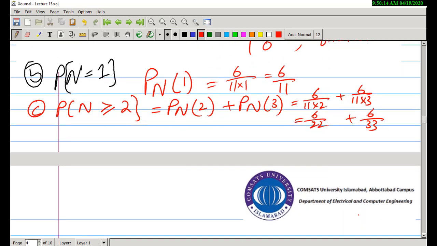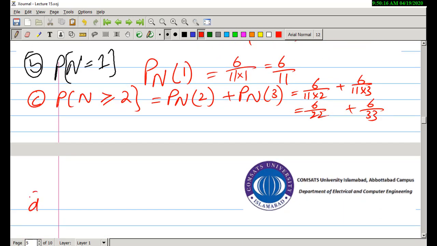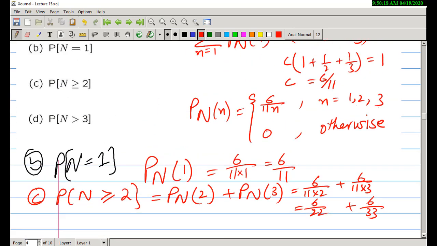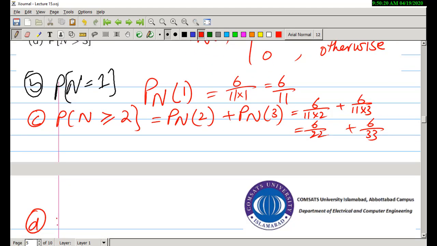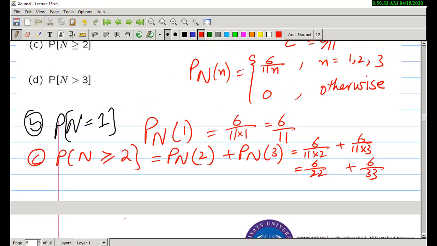Next part is D, which says the probability that n is greater than 3. Now this is a very simple, trivial part, because if you look at the PMF defined here, it is not defined for anything other than these 3 discrete values.